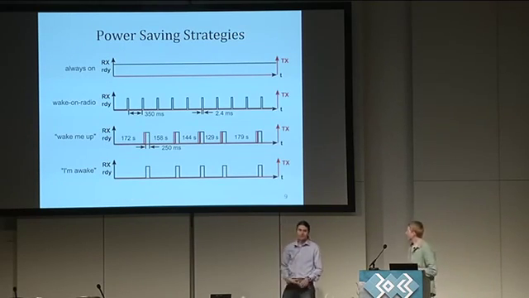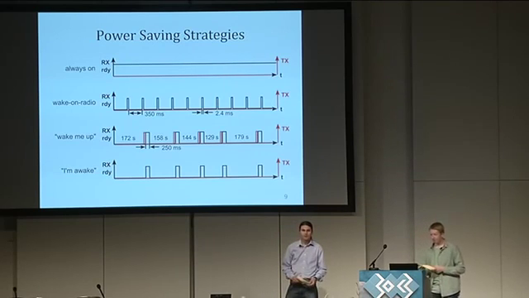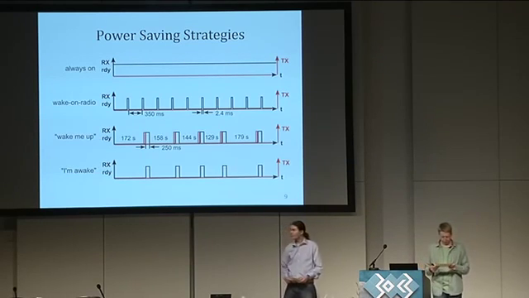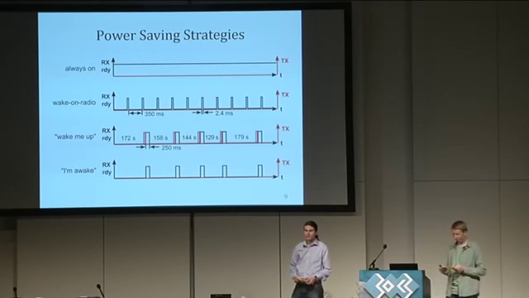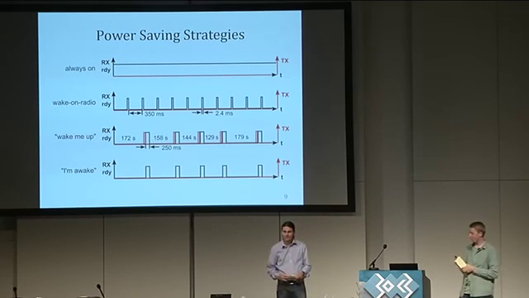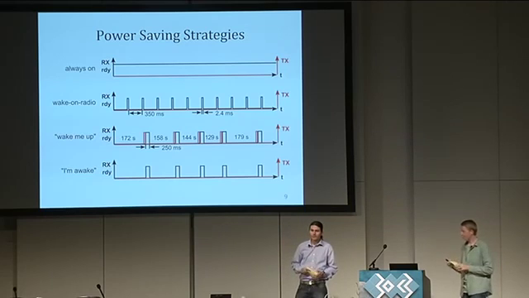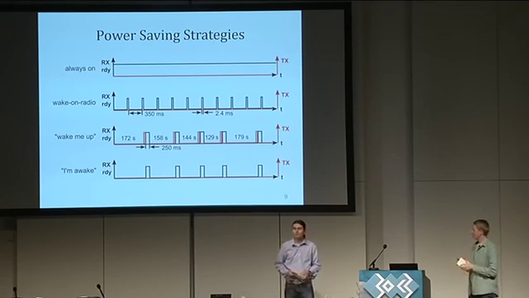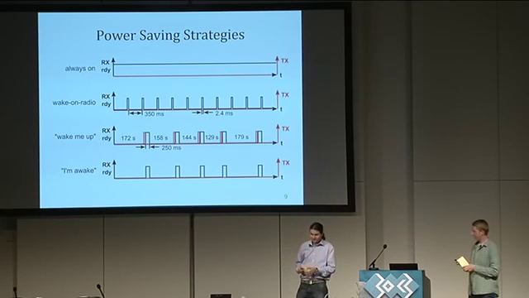Since most of the HomeMatic devices are battery powered, you will need some kind of power saving strategy. The first power saving strategy is called wake on radio, and it works the following way.